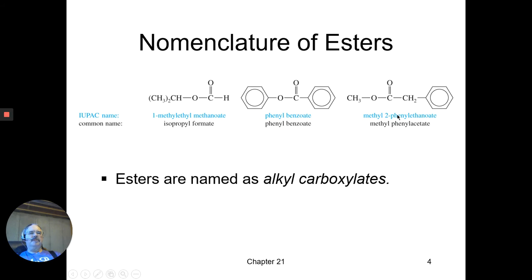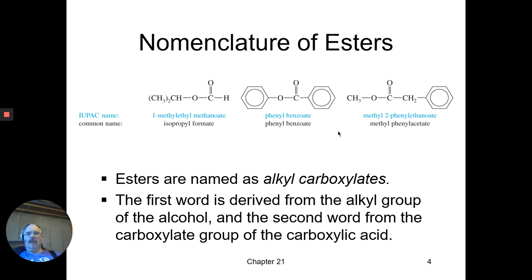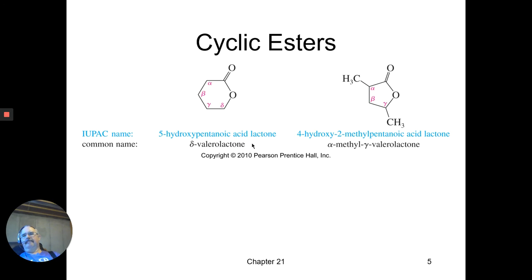So this is methyl 2-phenylethanoate or methyl phenylacetate. So the first word is derived from the alkyl group of the alcohol, or phenyl in the case of a phenol. The second word is from the carboxylate group of the carboxylic acid.